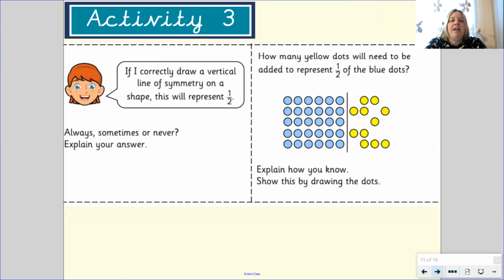If I correctly draw a vertical line of symmetry on a shape, this will represent one half. Always, sometimes, or never. Explain your answer. How many dots will need to be added to represent half of the blue dots? Explain how you know. Show this by drawing the dots.